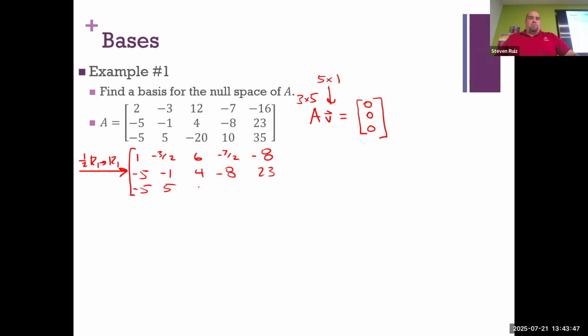While I'm writing, is there anything else? Anybody else have an idea? Okay, negative row 2 plus row 3, back to row 2. I have to do those one at a time, so we'll do that next.